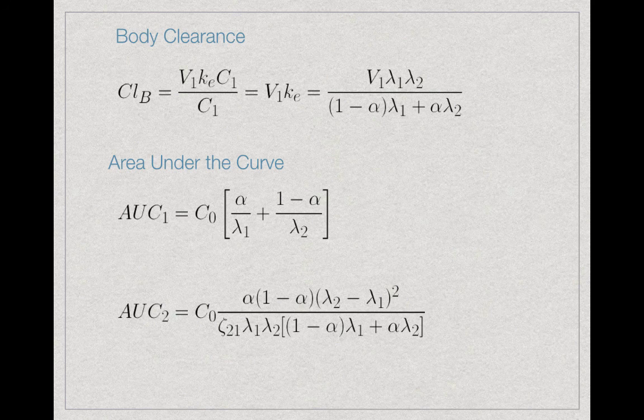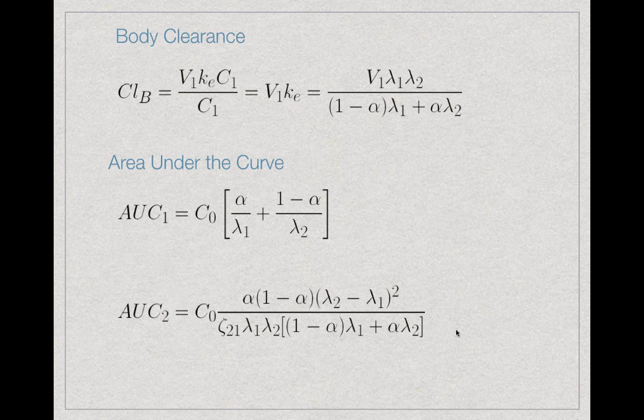And the area under the curve of the second compartment equals C0 alpha 1 minus alpha times lambda 2 minus lambda 1 squared over, here is the alpha term again we introduced to solve the equation. It's just a constant, 2, 1, lambda 2, 1 minus alpha lambda 1 plus alpha lambda 2.